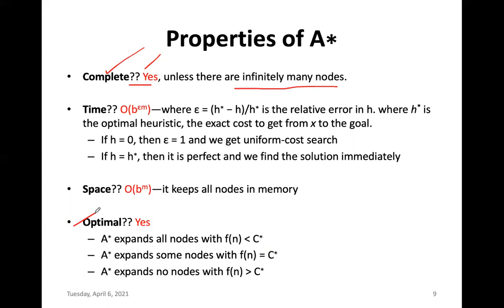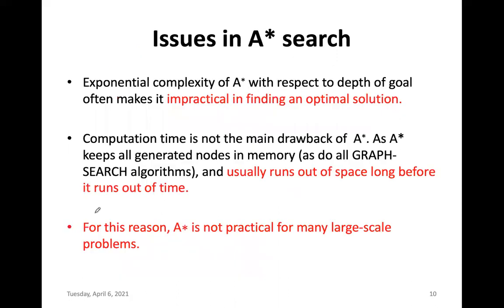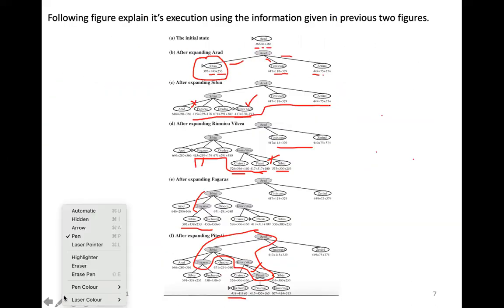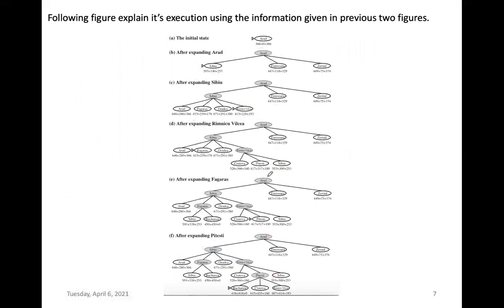So for example, if you look over this diagram, this is basically the destination Bucharest with value 418, cumulative cost f of n.